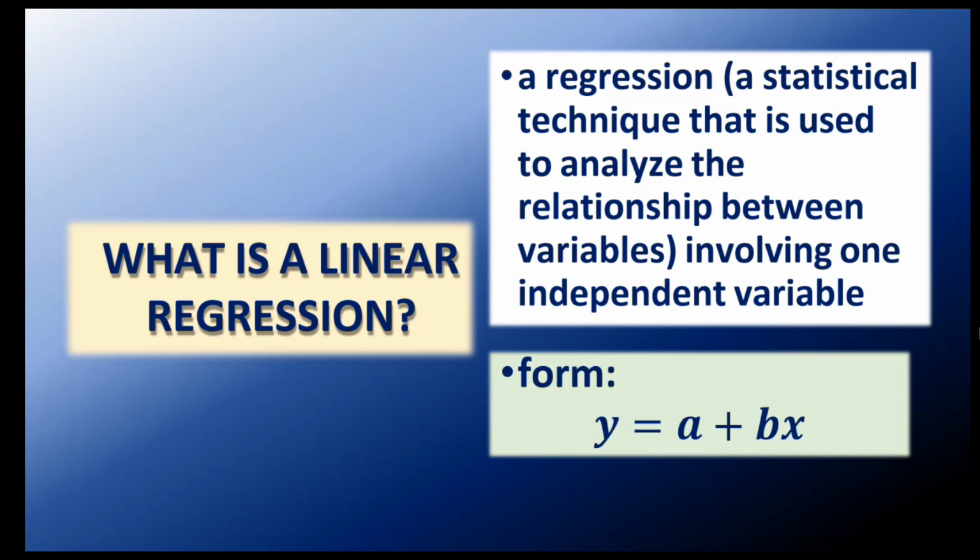But in linear regression, we need to identify which is the dependent and the independent variable. And we do have this form of the linear regression, which is y equals a plus bx. By the way, in this format, y is the dependent variable and x is the independent variable.